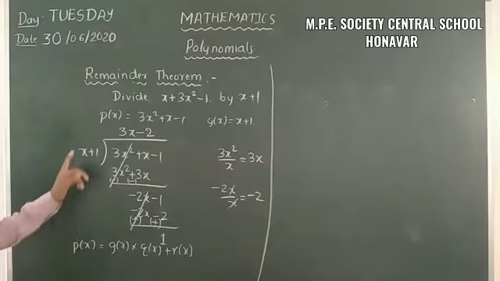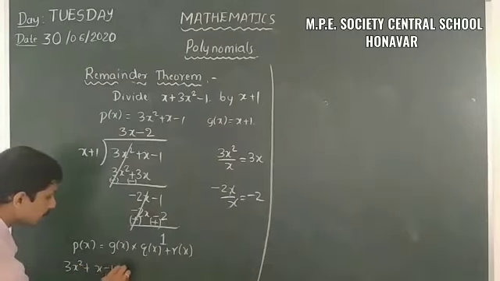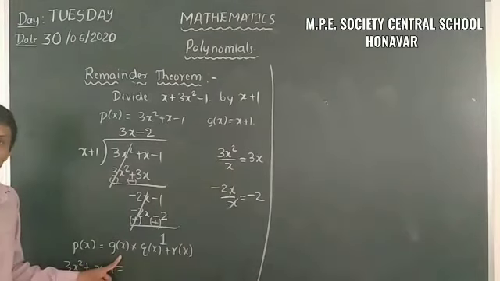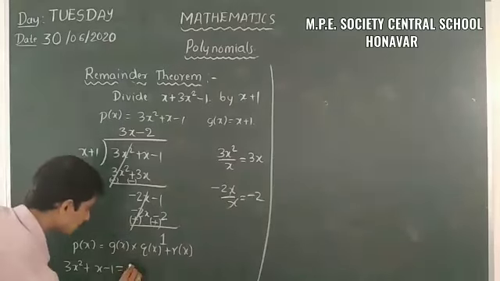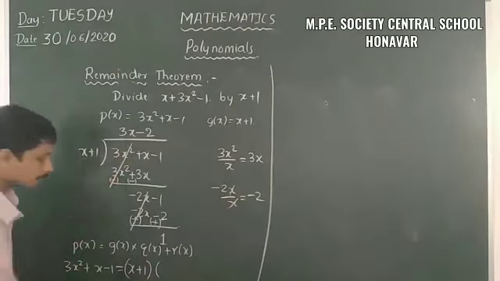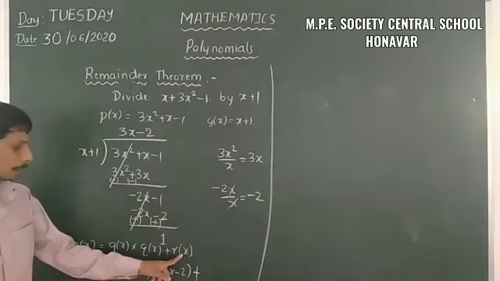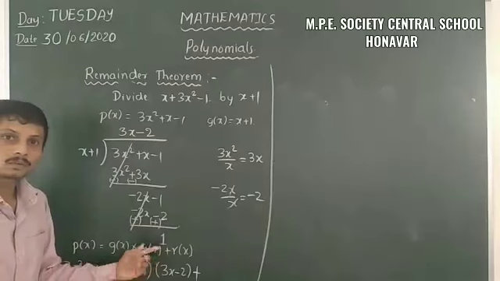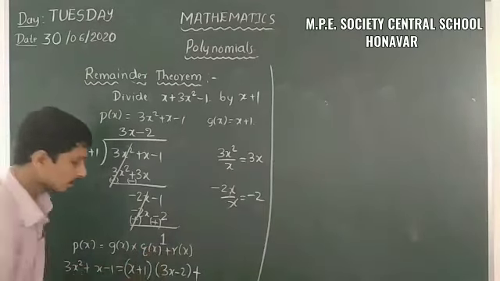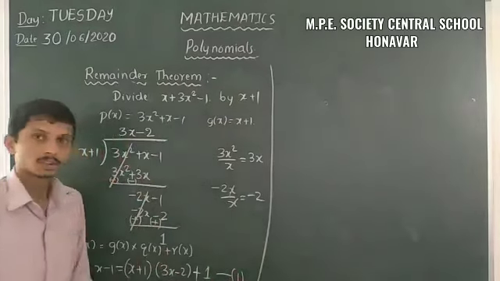What is the dividend here? 3x square plus x minus 1. What is the divisor here? x plus 1. Then what is the quotient? 3x minus 2, plus r of x. So what do we have as the remainder? 1. So it is equation number 1.